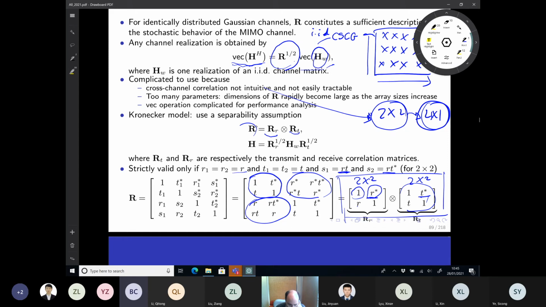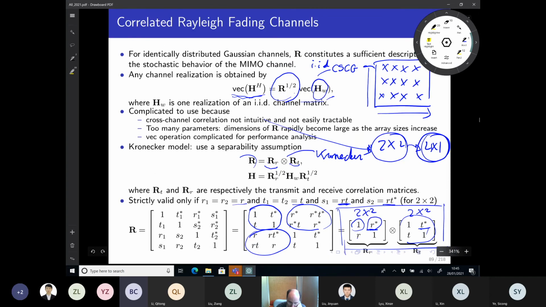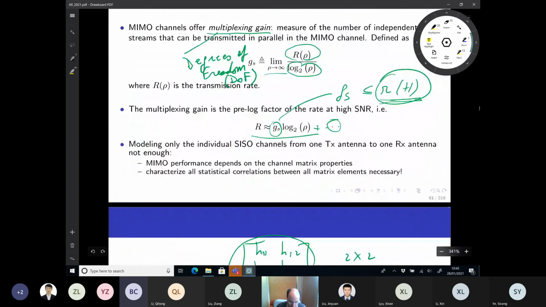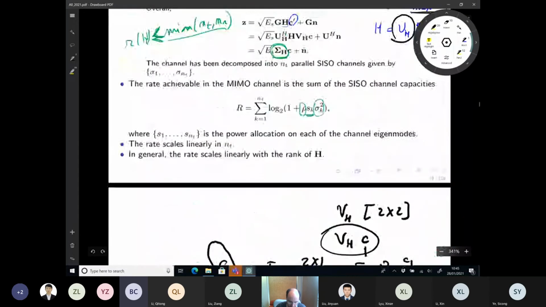So if you have a correlation matrix that is equal to the Kronecker product of RR and RT, the receive and transmit correlation matrices, that's called Kronecker, for those who have never seen this. The definition is here if you want to know more, but it is exactly what I just described.